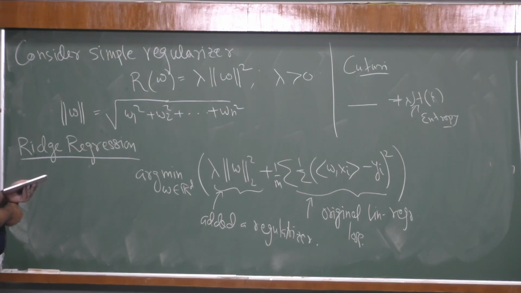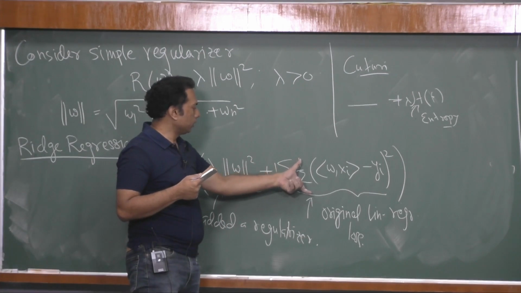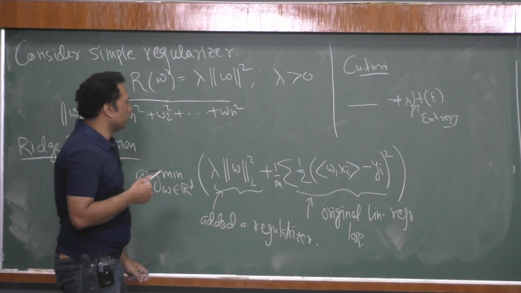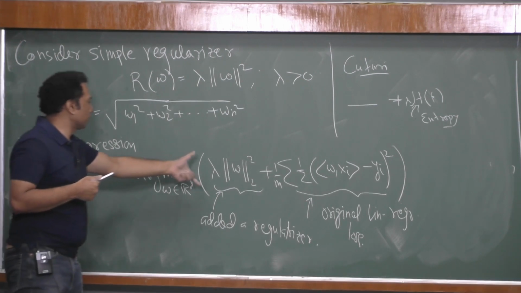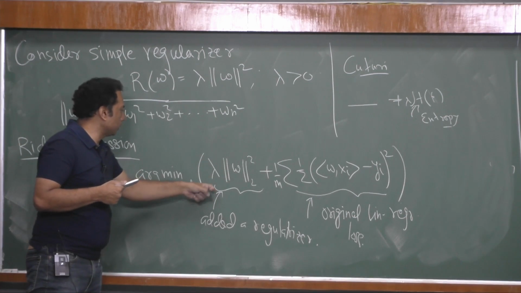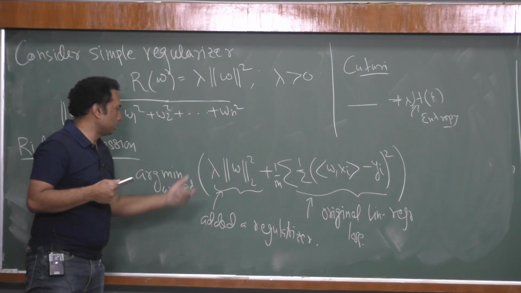So we will not do that derivation again. We recall that this is some Ax minus b type. And then it is clear that the derivative of the regularizer is lambda w basically.